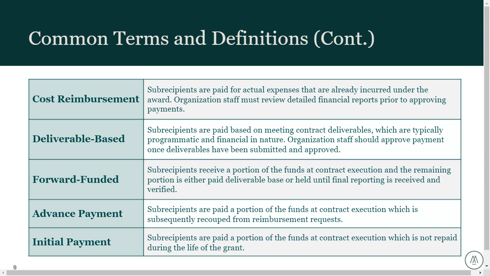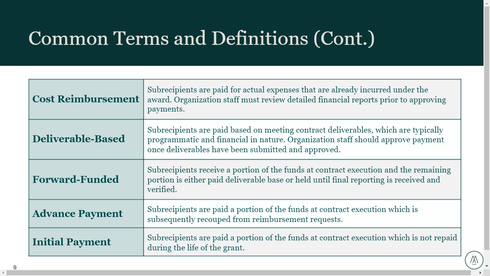If you're an organization that is subbing those funds out to go do stuff with a subrecipient, then your staff should be able to review the deliverables and make sure both programmatically and financially they meet their requirements before processing any deliverable-based payment. The other form of subawards or grant awards that we typically see is forward funded.